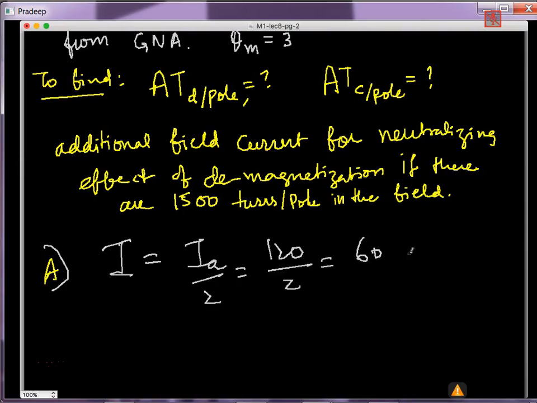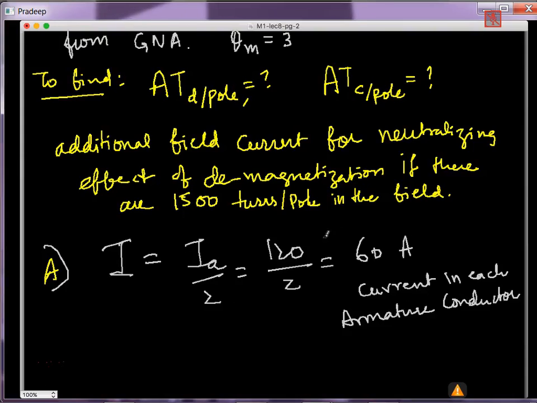This is the current in each armature conductor. Once I have this, the rest is straightforward.